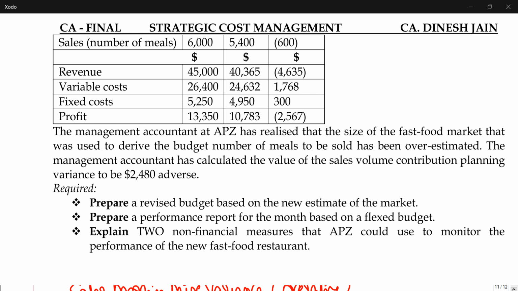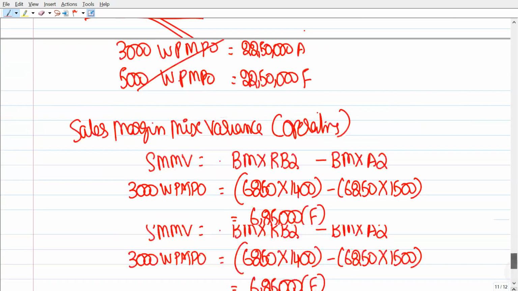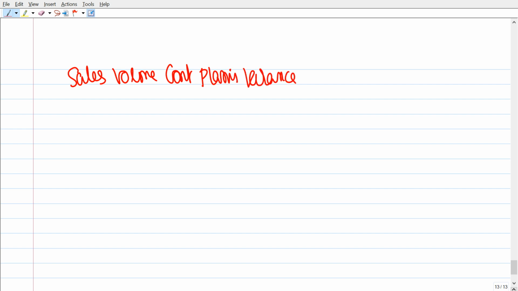Sales volume contribution planning variance equals BM into BQ minus BM into AQ. The formula doesn't change.